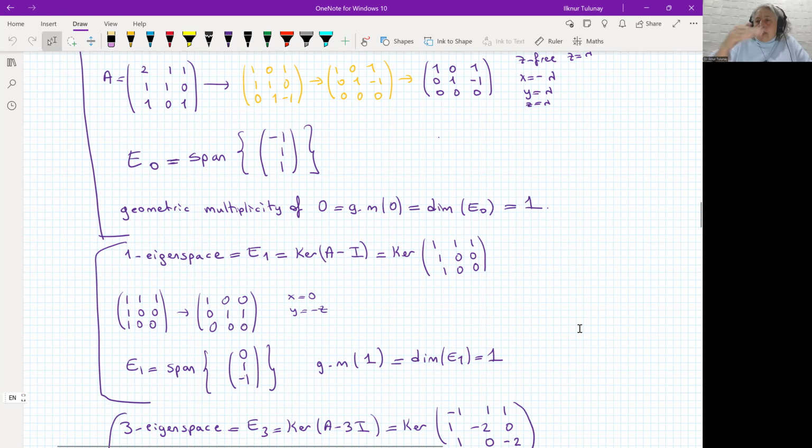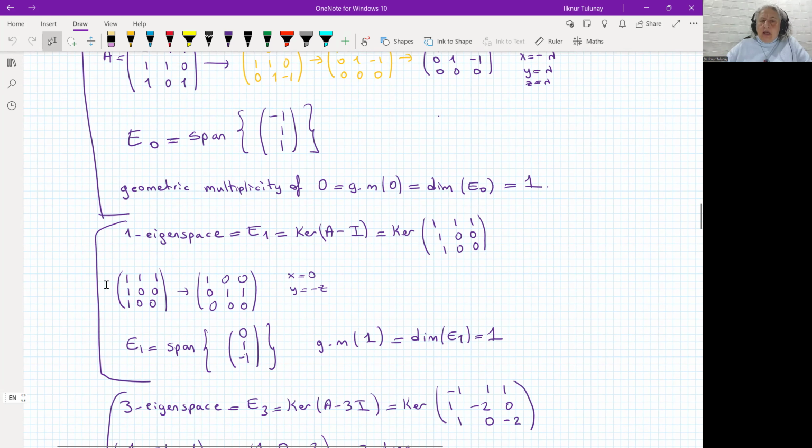When you do the row operations, you can get rid of this one, and then you will have (1, 0, 0), (0, 0, 1). The last row corresponds to z, so it is a free variable. The first row, x equal to 0, gives you x equal to 0.